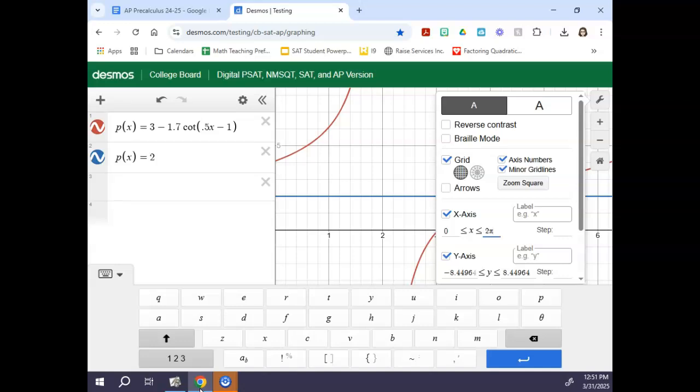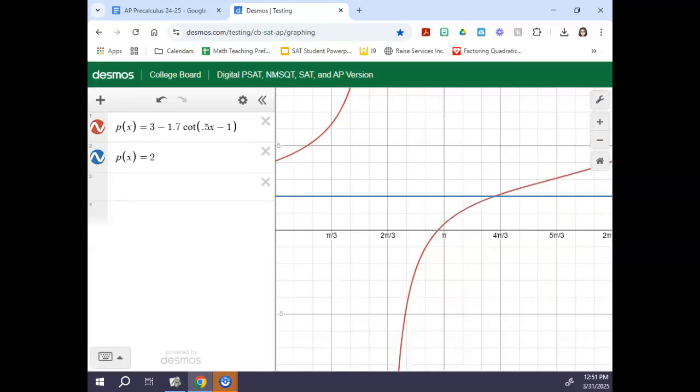If you look at your x-axis, it's still not in terms of pi like we've had, like pi, pi fourths, pi halves. So even if you do a trig function and you don't change the domain, because maybe you don't need to, if on the step you put pi, then you'll have pi's down there like you want to see, okay? And then you can just click the wrench again to get off of it.